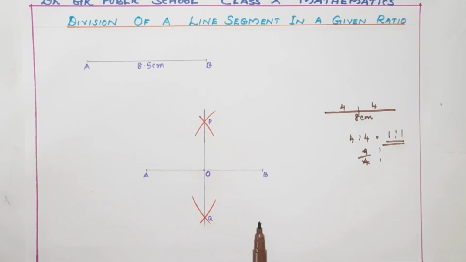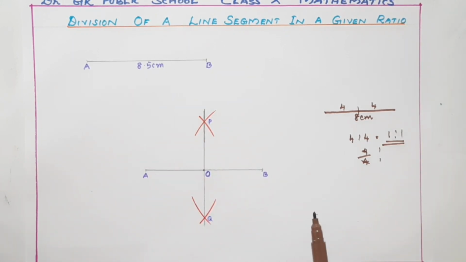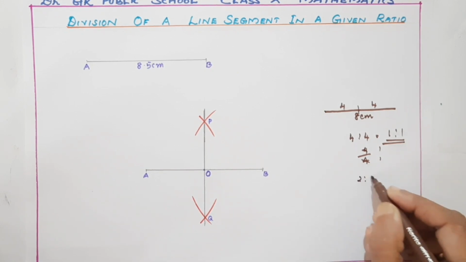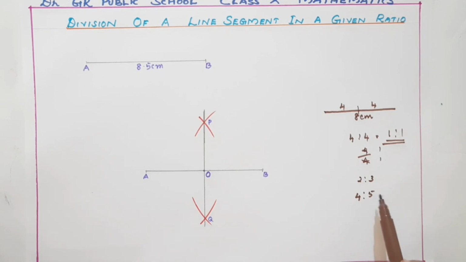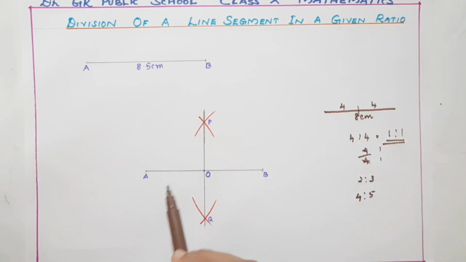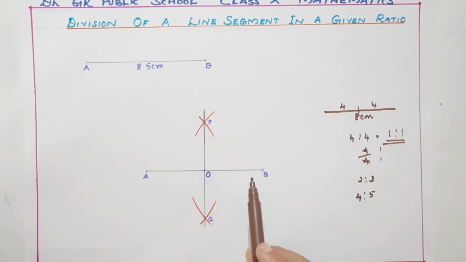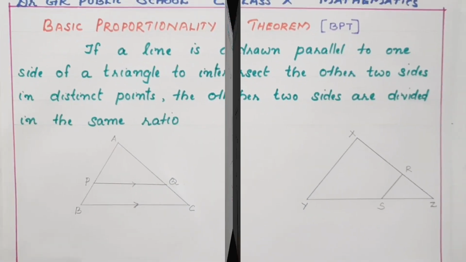But in this lesson we are going to discuss how to divide a line segment in any other ratio, like 2:3 or 4:5. If we have such ratios, how can we divide? That means we have to find a point on this line segment which divides the line segment into two parts.